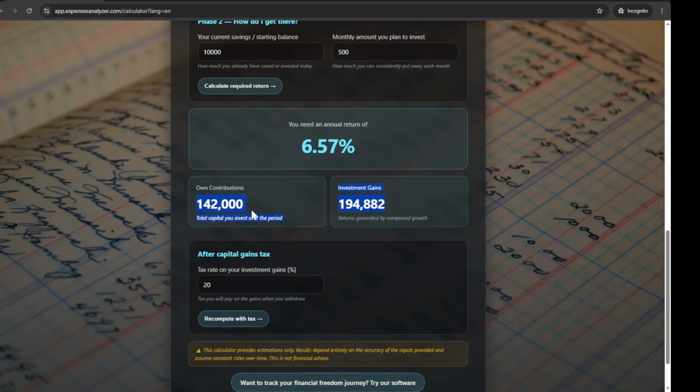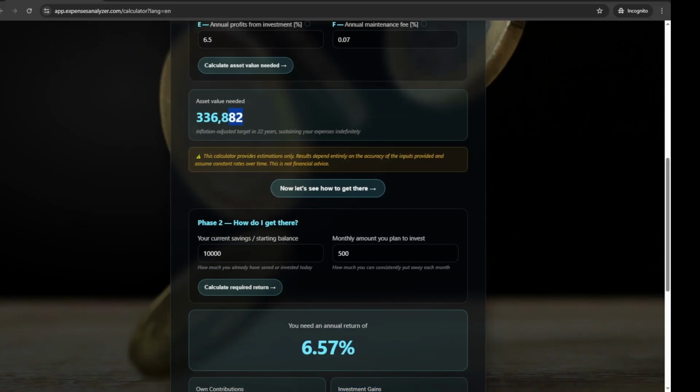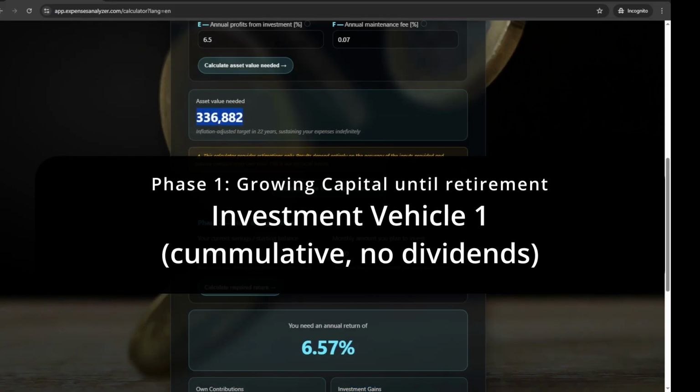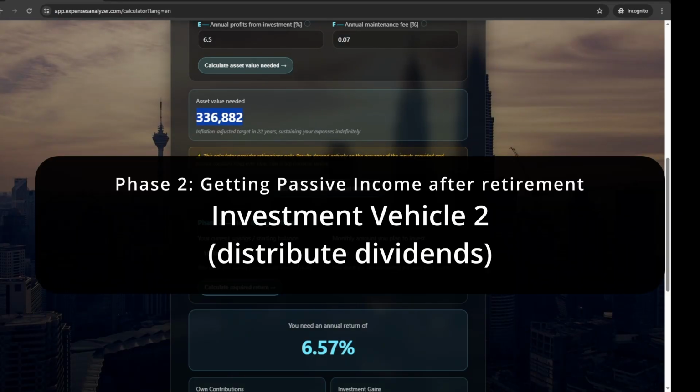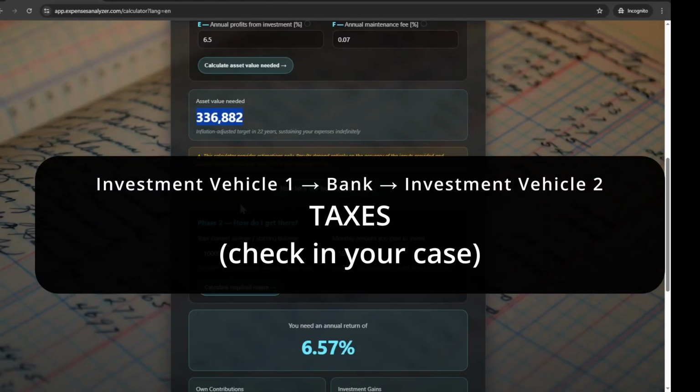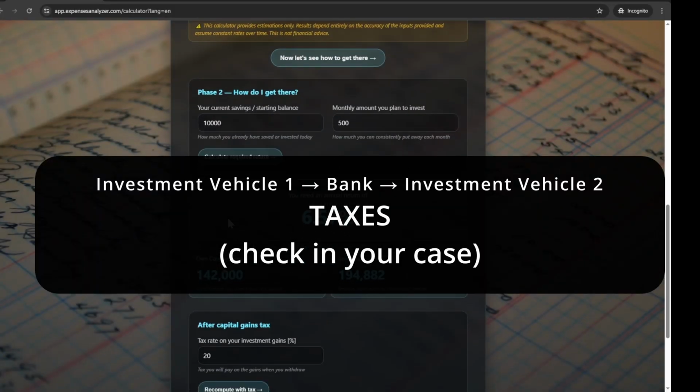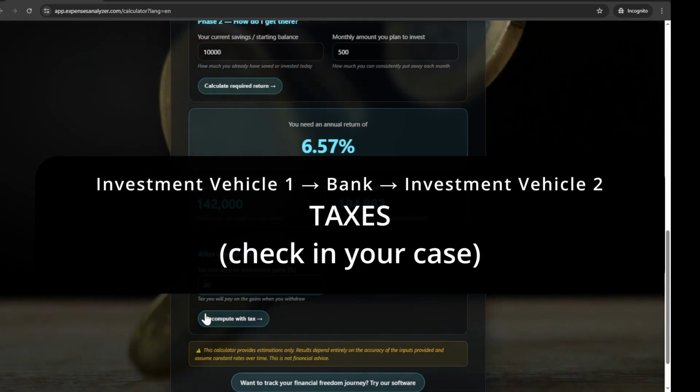But if you want to get dividends, you probably will need to move the full amount of money from one vehicle, which could be the Standard & Poor's cumulative, to a Standard & Poor's that gives dividends. So you need to put the money in your bank, and then you need to put it back into the other investment vehicle. And that means you will need to pay taxes.